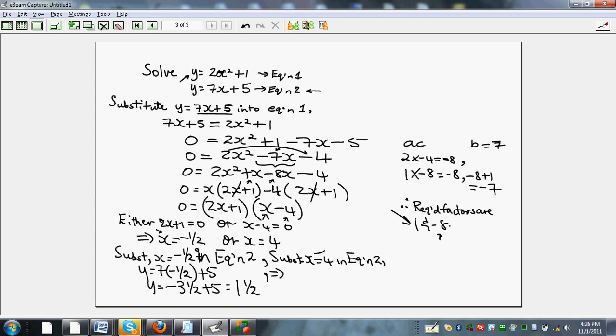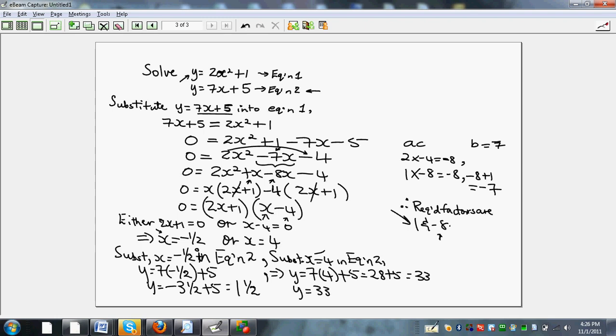I'll get y equal to 7 multiplied by x, x in this case is 4, plus 5. What will that work out to be? 7 4s are 28 plus 5, is 33. So another value of y is equal to 33.